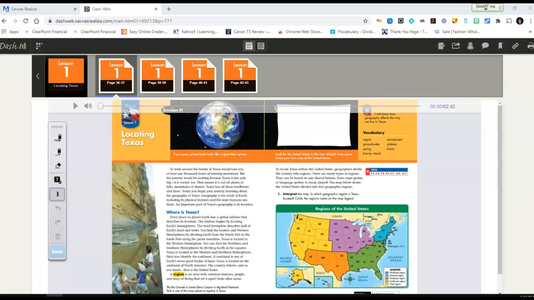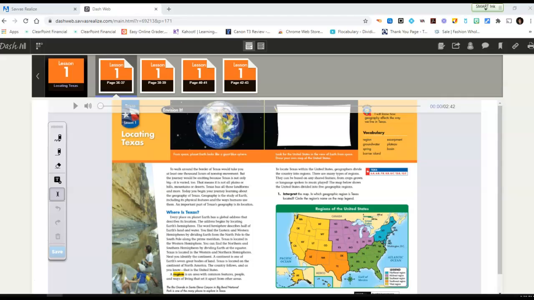Next, you identify the continent. A continent is one of Earth's 7 great bodies of land. Texas is located on the continent of North America. The country follows, and as you know, that is the United States. A region is an area with common features, people and ways of living that set it apart from other areas.